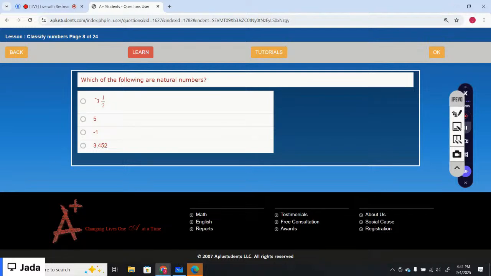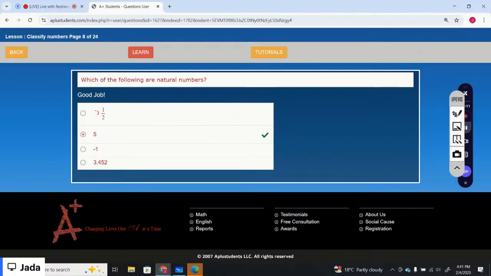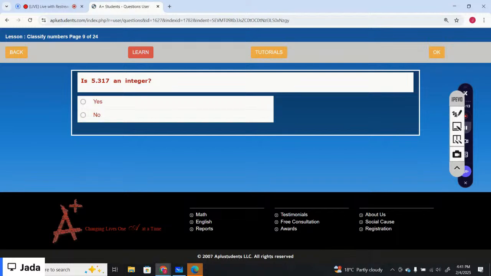That is, 5 is a natural number. The correct option is 5. Is 5.317 an integer? No, integers are the whole numbers with positive and negative signs.